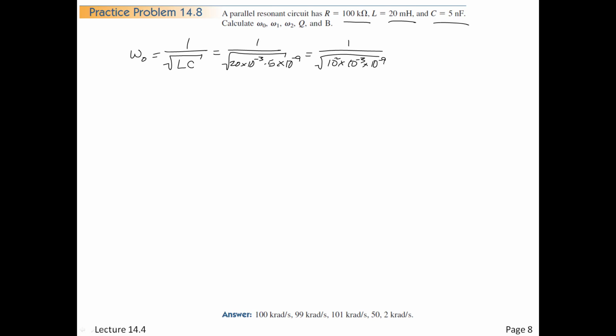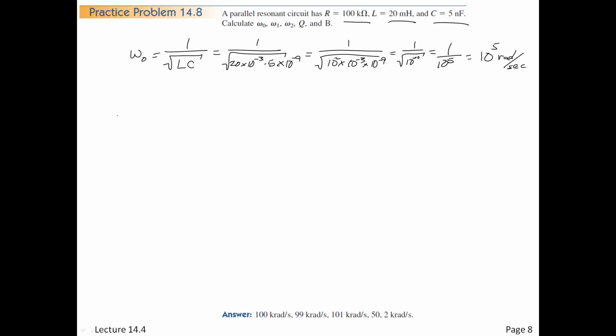So this is minus 12 plus 2, so this is 1 over the square root of 10 to the minus 10, so 1 over 10 to the minus 5th. Whoa, don't forget that. And so this is 10 to the 5th. Okay? So that's radians per second. Let's not forget we're dealing with omega here.